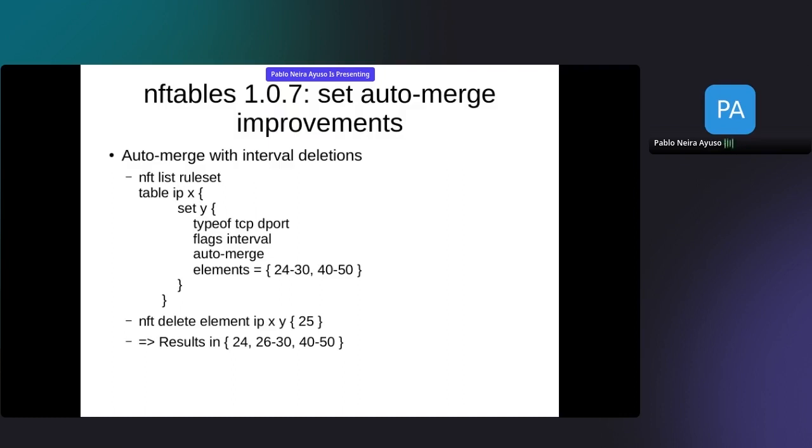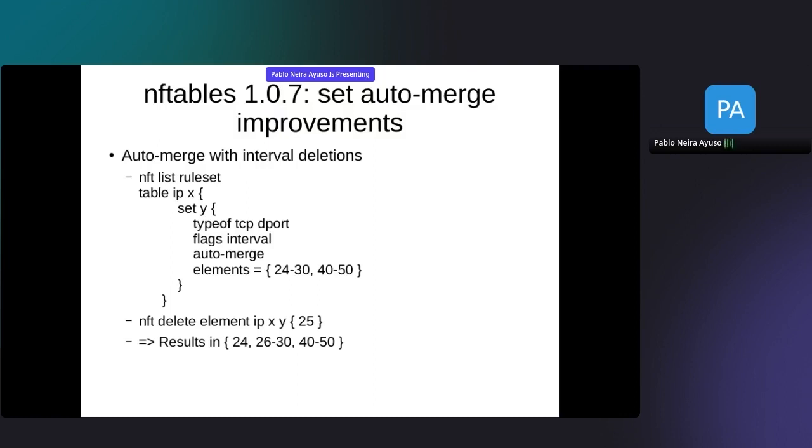So it's basically dealing with incremental updates by removing an existing interval and then splitting that interval in two. This is all transparent to the user. It is user space that is dealing with this. This can also be used with an IPv4 address, any kind of data type that is available.